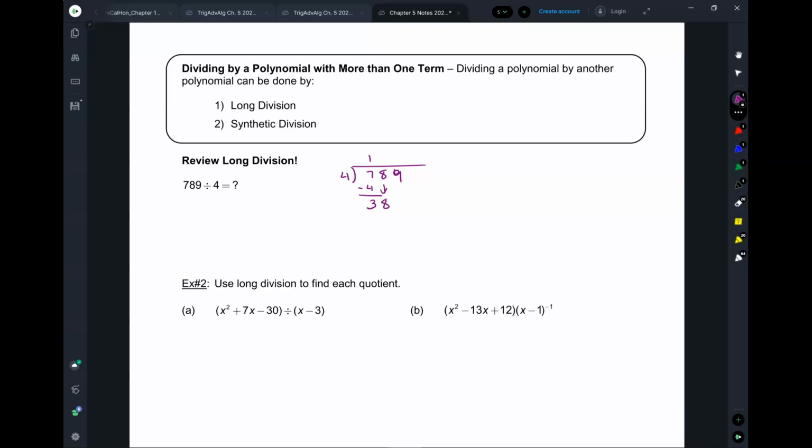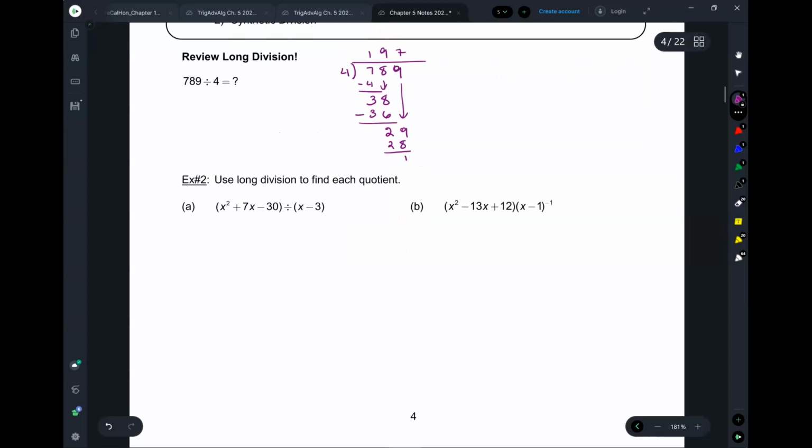So 4 goes into 38, how many times? 9 times. Then you multiply 9 times 4. You subtract, you get a 2, and then you bring down the 9, and you do it all over again. 7, 28, you get a 1, and that's the remainder. Okay? So, that's what we're going to do.